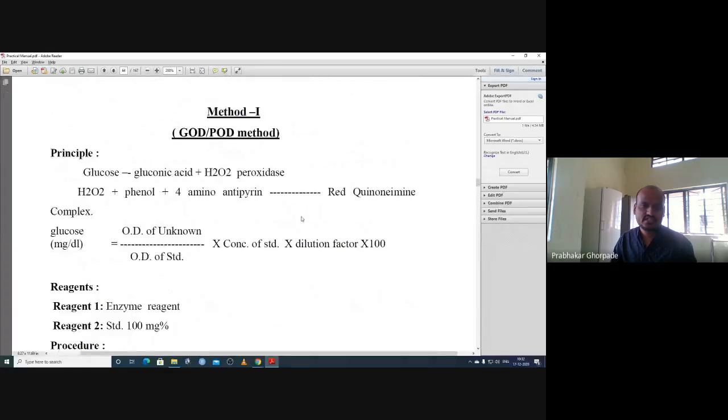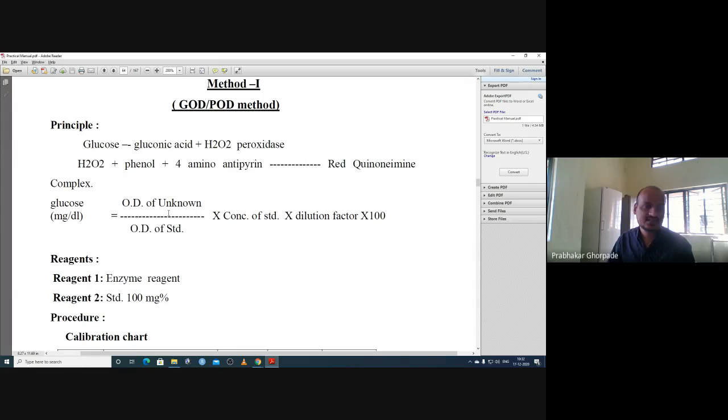So whenever a kit is there, an enzymatic reaction mixture is there. You should know that it contains glucose oxidase, peroxidase, phenol, 4 amino antipyrine. And these other reagents, gluconic acid and H2O2, are produced as products of the first reaction, and red quinonamine is produced as a product of the second reaction. So this is the principle of this test.